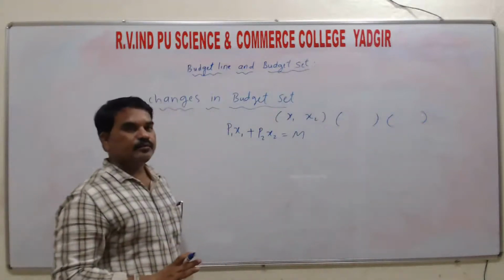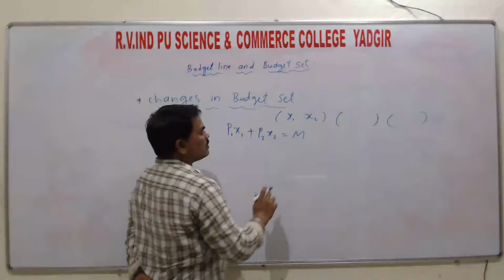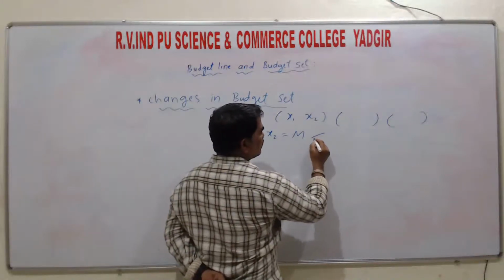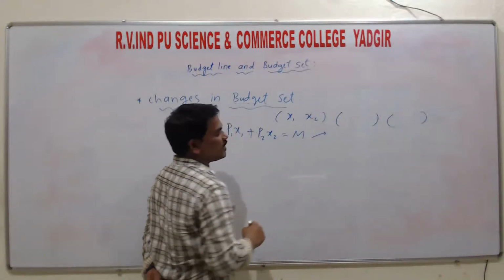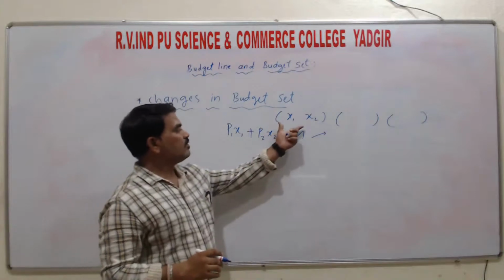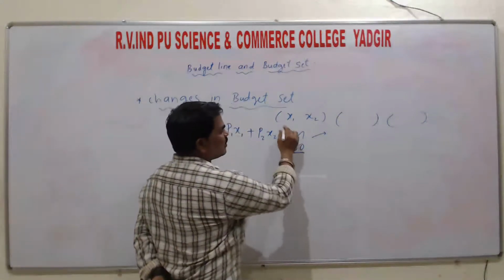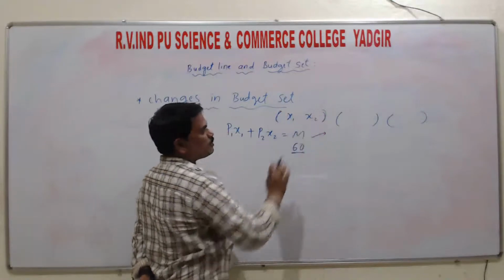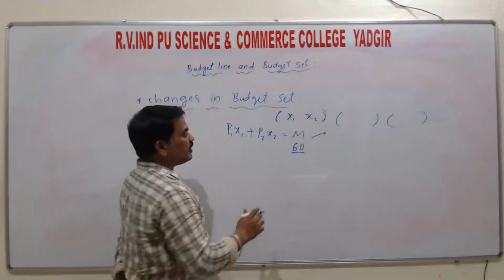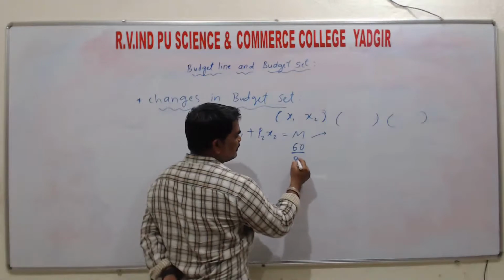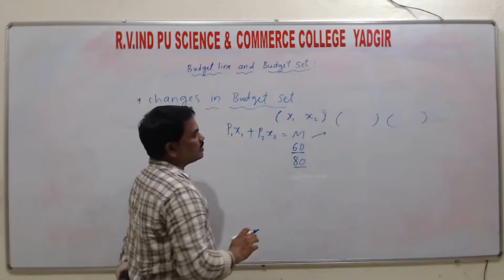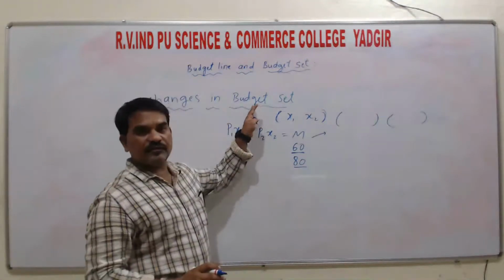Can we change this? How can we change that? By increasing or decreasing his income. Considering his income is 60, we have this set of bundles, correct? If we increase his income to 80, then what is the budget set you will get?